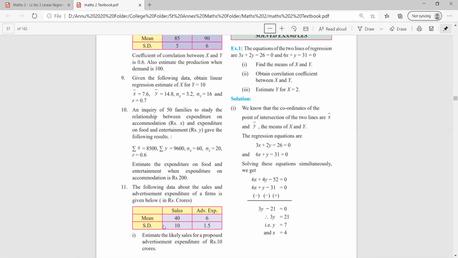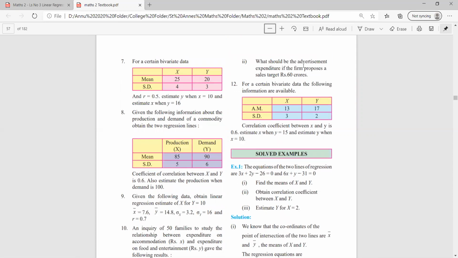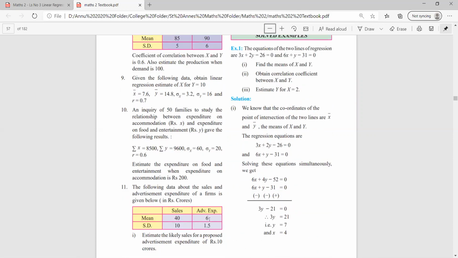Standard deviation sigma x, sigma y. Estimate the likely sales for a proposed advertisement expenditure of 10 crores. X on y, y on x. What should be the advertisement if the firm proposes a sales target of 60 crores? Again, y on x they are asking, and here they were asking for x on y.